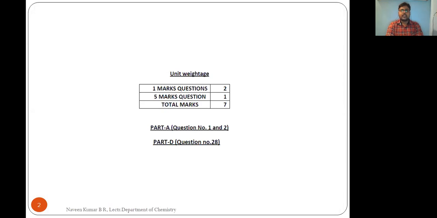And question number 28, in Part D, the first question there, will be from Solutions again. In that 5 marks, from the syllabus introduced here, the first exam of the new syllabus as per NCERT, taken from the PU board, they have asked a 3-mark numerical problem on colligative properties to calculate the molar mass of the solute, and the remaining 2 marks as a sub-question from the other topics.